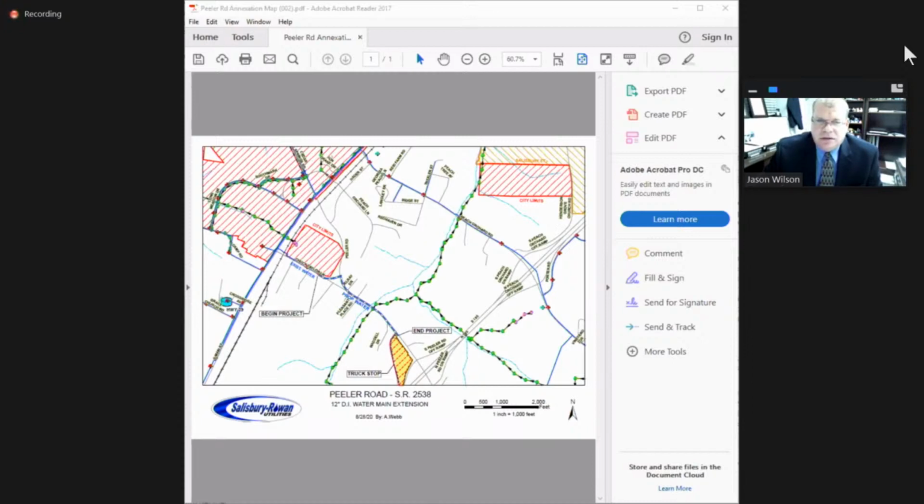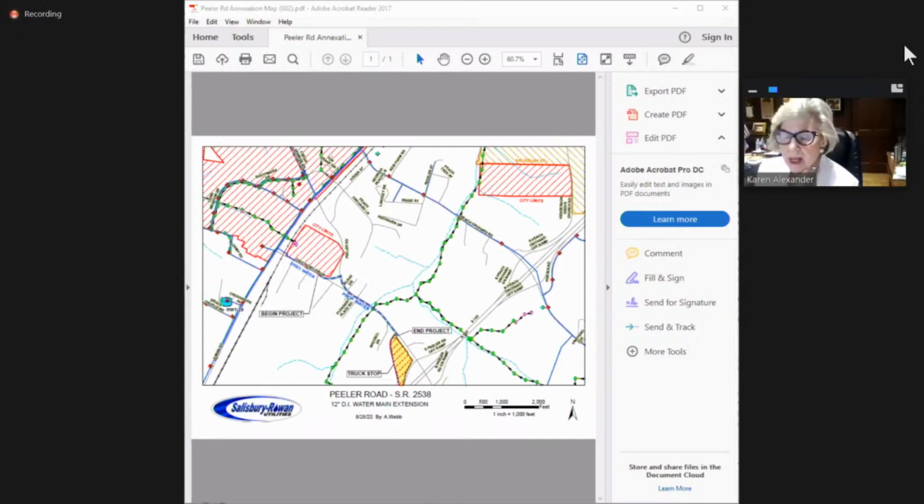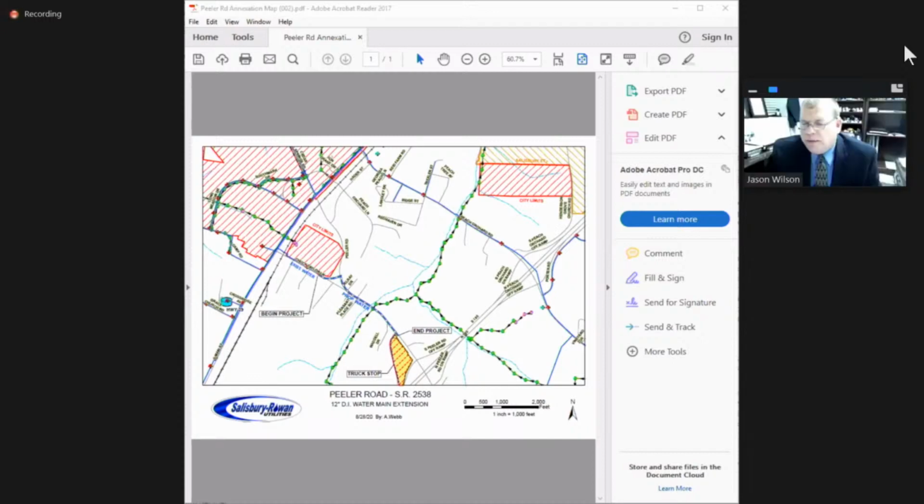If you notice the current city limits and the ETJ for the city of Salisbury, one of the conditions of this agreement would be for the developer and the property owner to petition the city for voluntary annexation. So will that be done simultaneously to our approval of getting the water? We will be coming back to you.